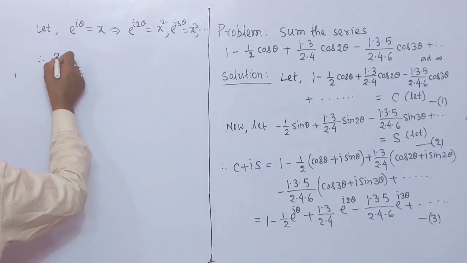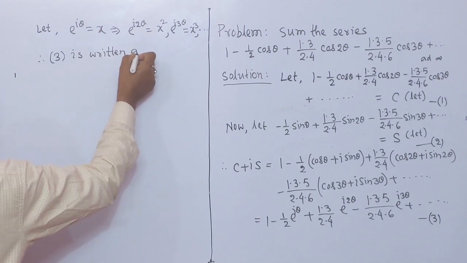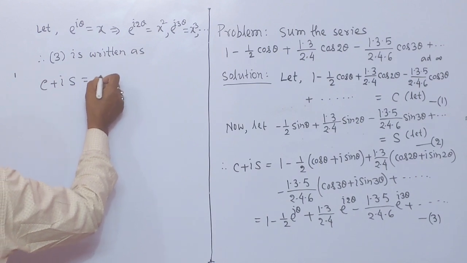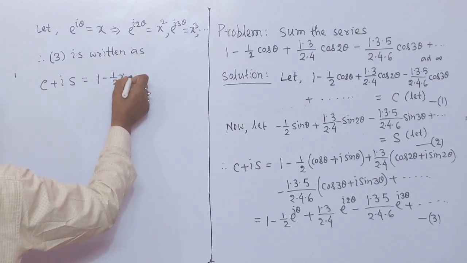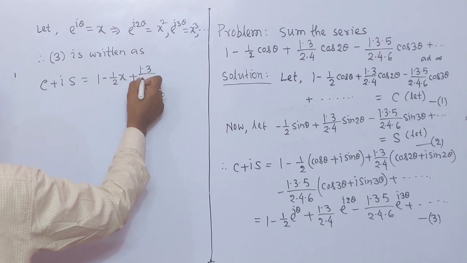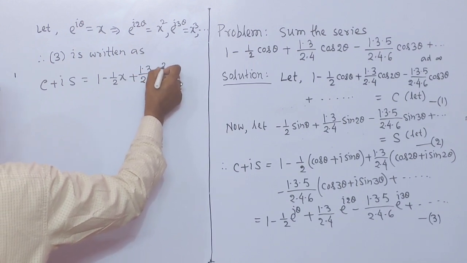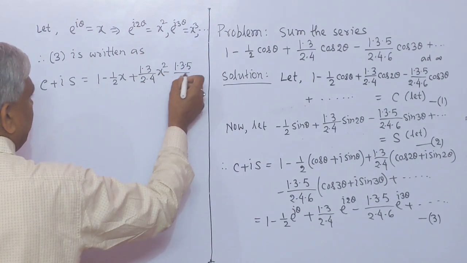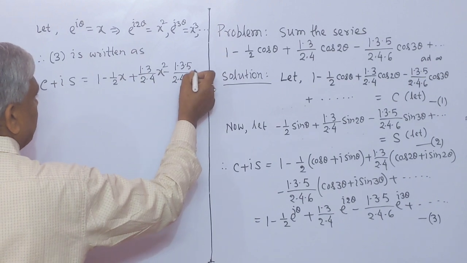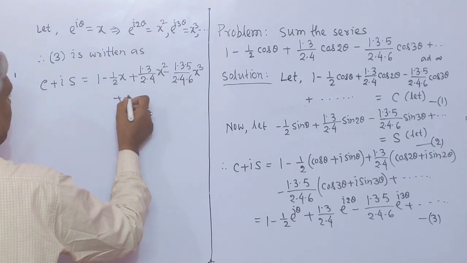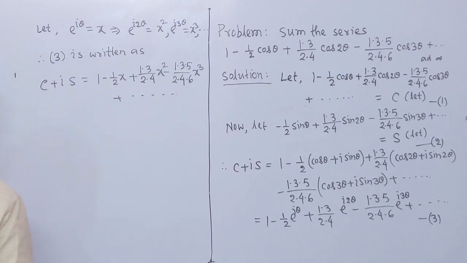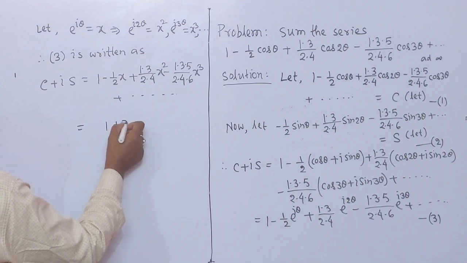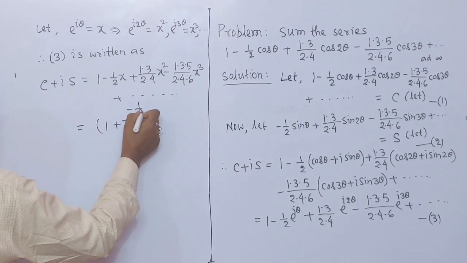Therefore, the series is written as C plus iS equal to 1 minus half x plus (1·3)/(2·4) x square minus (1·3·5)/(2·4·6) x cube plus dot dot dot, and this is equal to (1 plus x) to the power minus half.